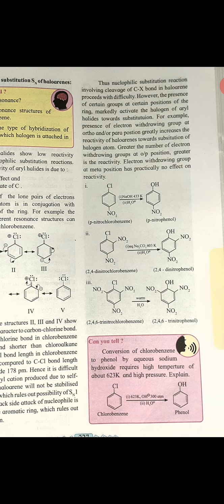Now, nucleophilic substitution reaction involves cleavage of the C-X bond in haloarene. But if electron withdrawing groups are attached to the benzene ring in haloarene, it increases the reactivity towards nucleophilic substitution reaction.